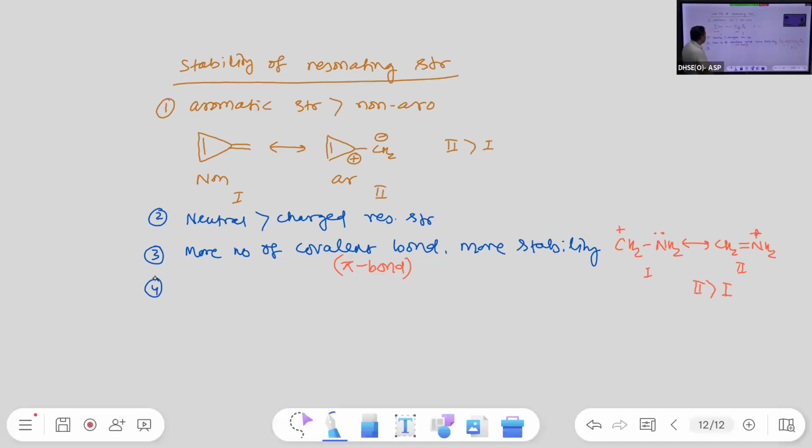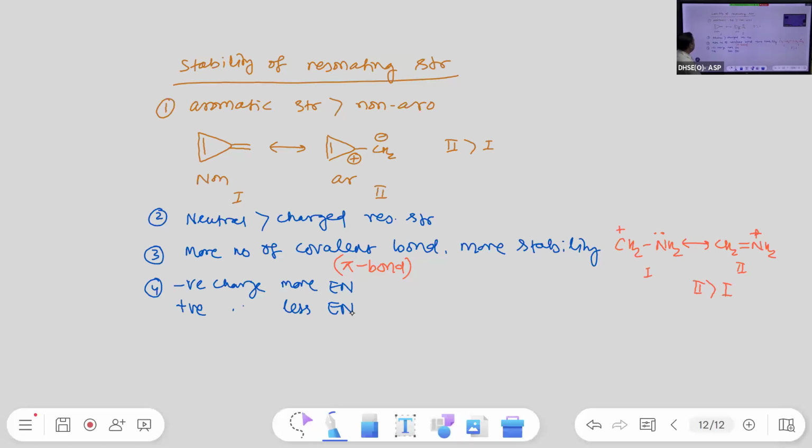The structure in which the negative charge is with the more electronegative atom and the positive charge is with the less electronegative atom is more stable. If it is the reverse, positive charge with more electronegative and negative charge with less electronegative, then it becomes less stable. This is the fourth rule.